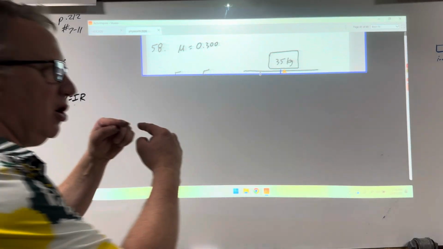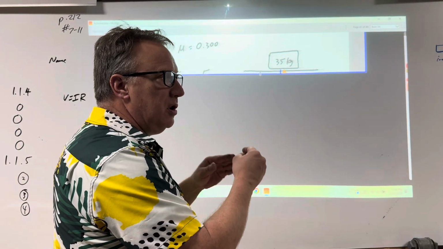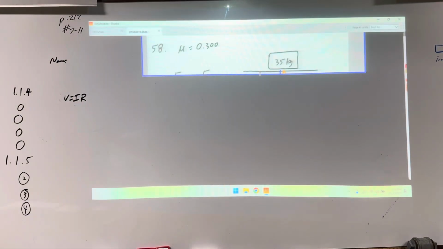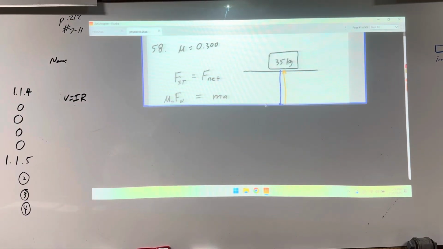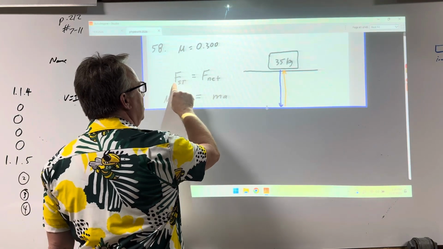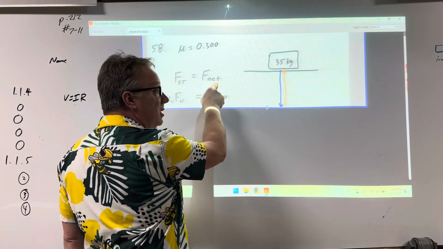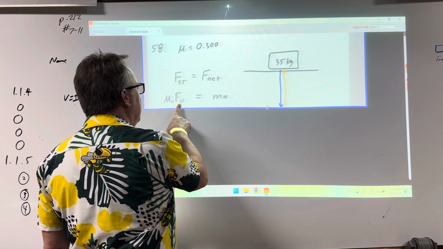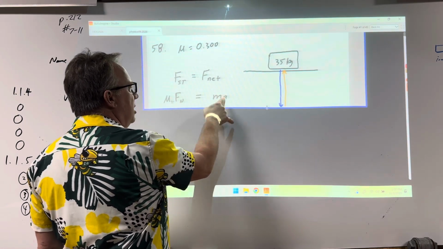So basically it's going to stick. So you add the forces up and you get 0 relative to the truck bed. Since they add up to 0, they're equal and opposite. So this static friction force is causing the acceleration, so it's the net force. So the coefficient of static friction times the normal force is m times a.